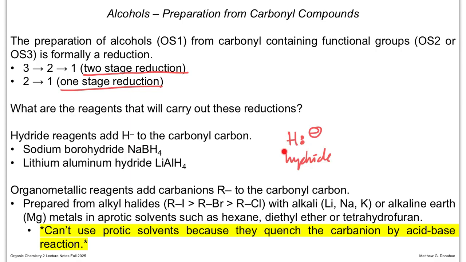The carbonyl carbon is the electrophile because it's going to accept them. And once it accepts them, the oxidation state has to be reduced. The 2 most common reagents to accomplish this are sodium borohydride and lithium aluminum hydride.